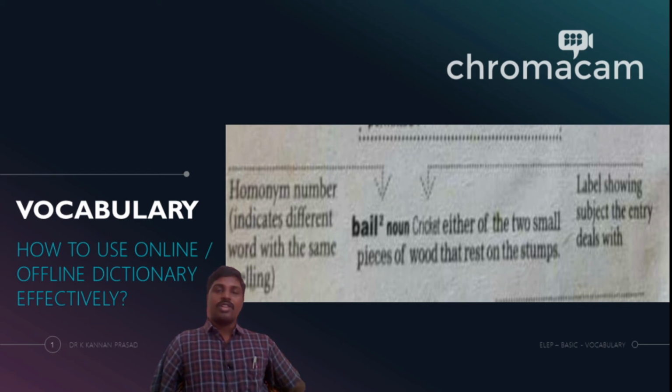This is where the dictionary is giving you a guide saying that whenever a word is used with an exponent, or in our case the number 2, it says that there are 2 different meanings and the words are the same. So the word bail can be used in 2 different meanings, but both are similarly pronounced, right? Bail, bail. Let us look at how the meaning changes here.